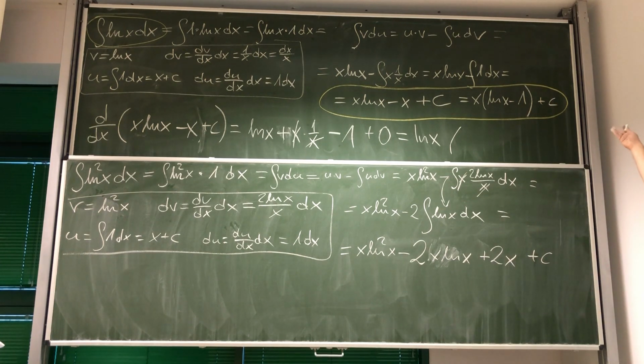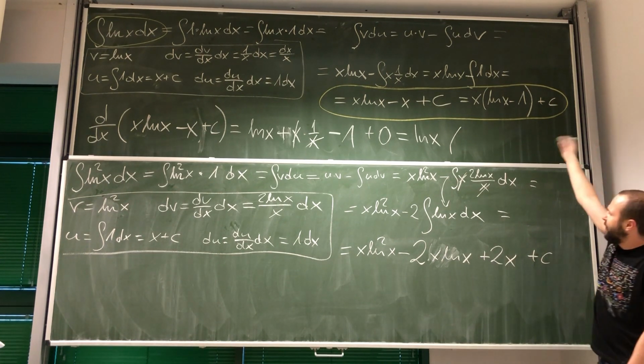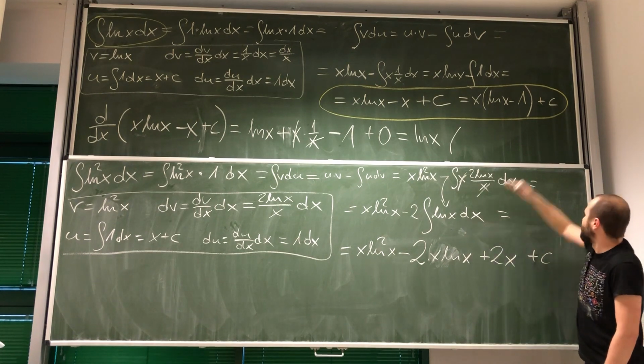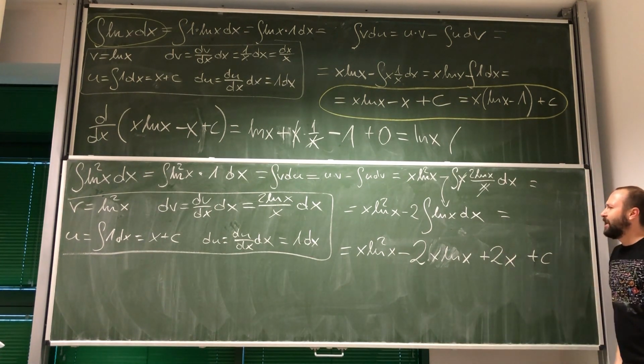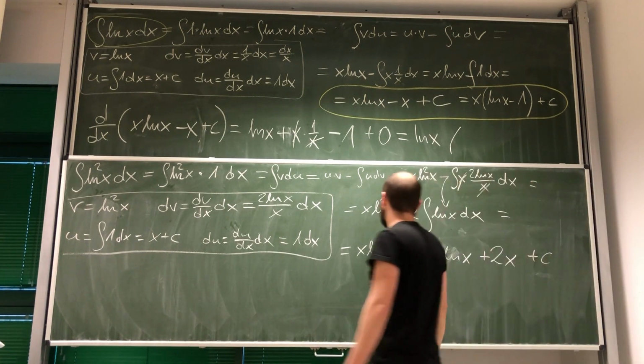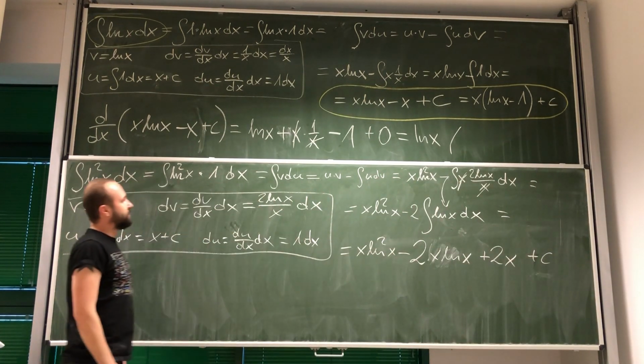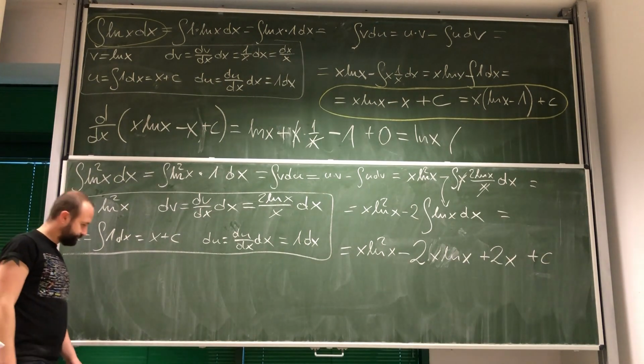Of course, we might get 2c if we substitute it directly or minus the c, but it doesn't really matter. You can simply keep it as plus c. And this is our result.